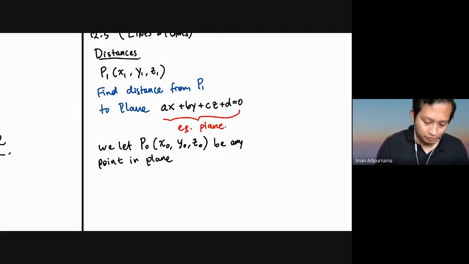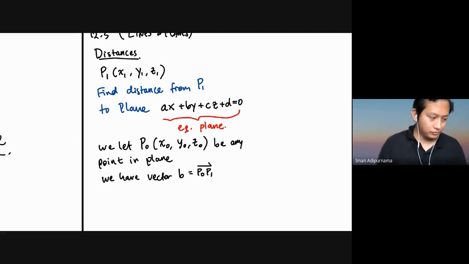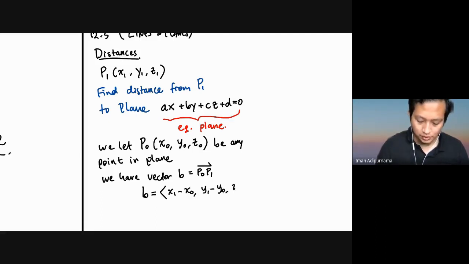And we have vector B. It's the vector P0, P1. Okay. So B is P1 minus P0. So x1 minus x0, y1 minus y0, z1 minus z0. Let's say we have all these conditions. Okay.